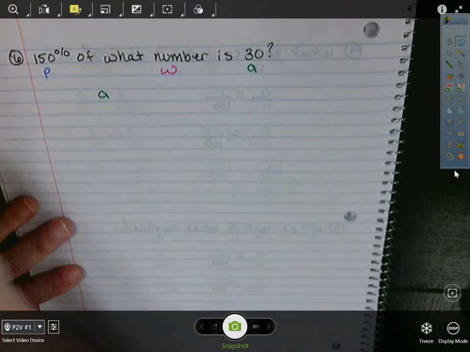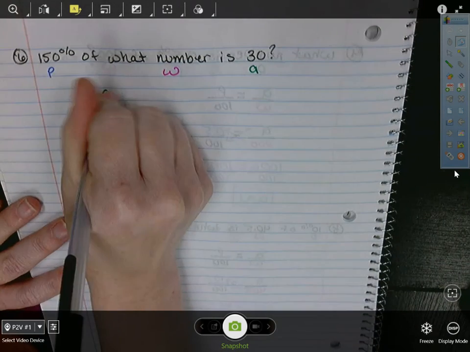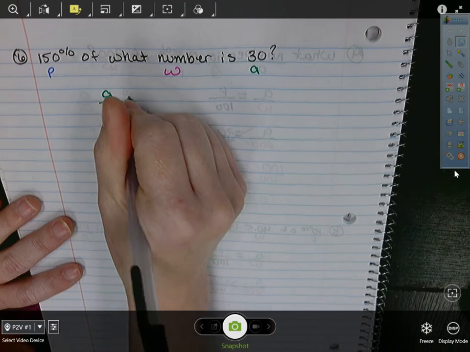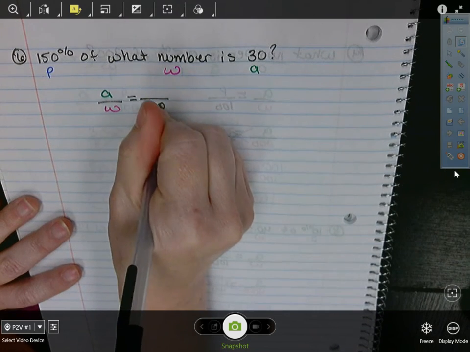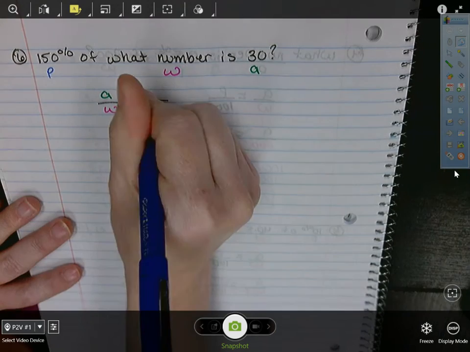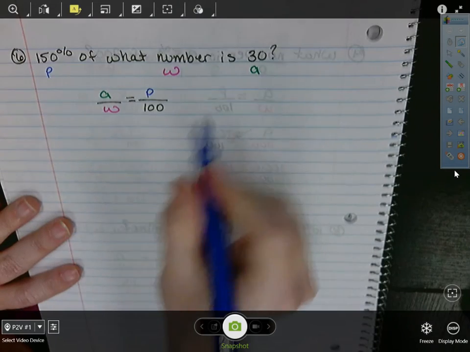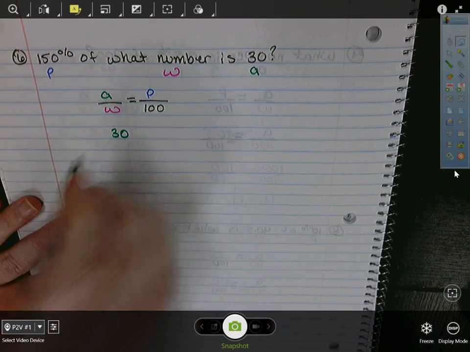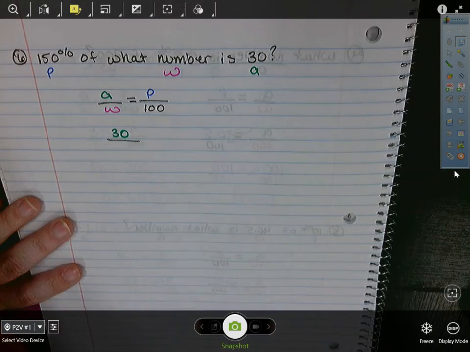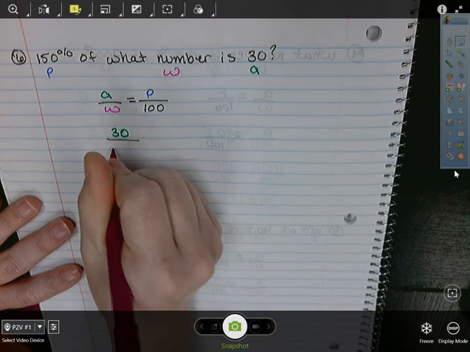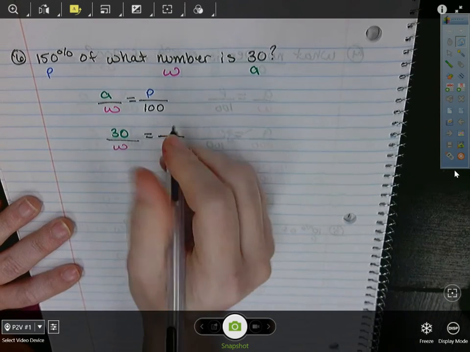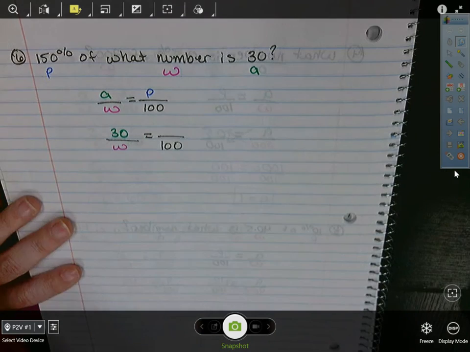So it's A over W equals P over 100. Okay, and for my part, we plug in 30. For our whole, I don't know what that is, so I'm going to use W equals your percent, which is 150 over 100.